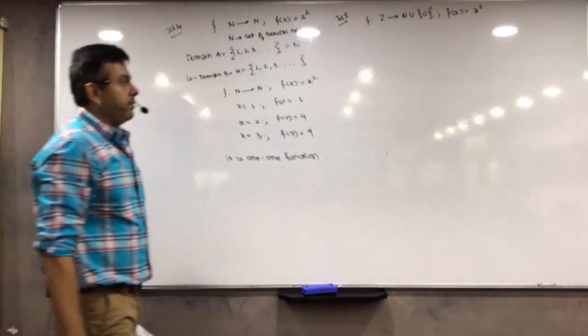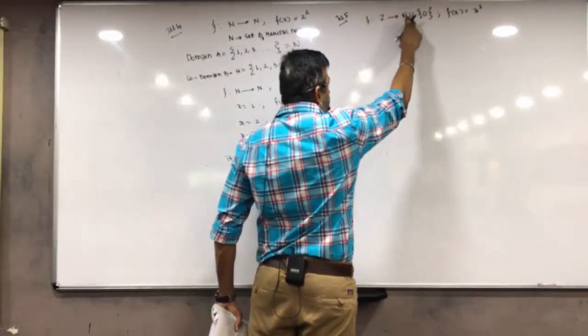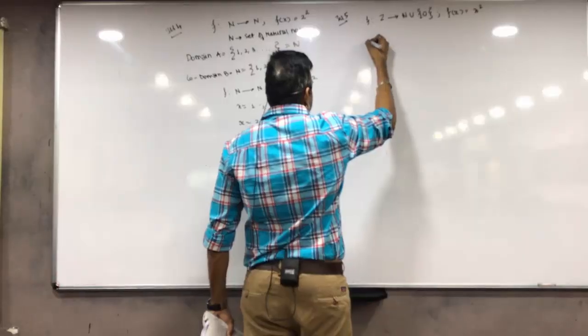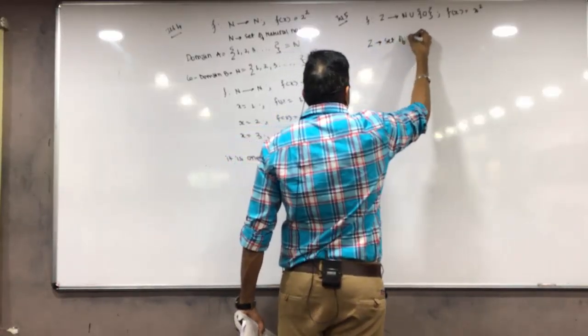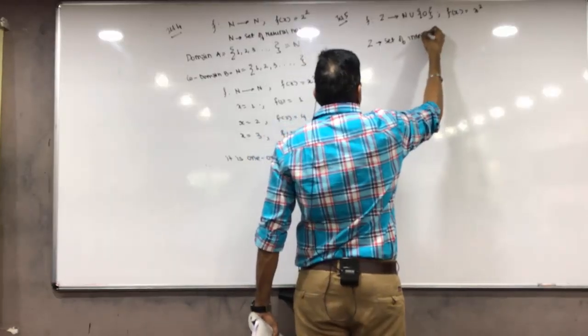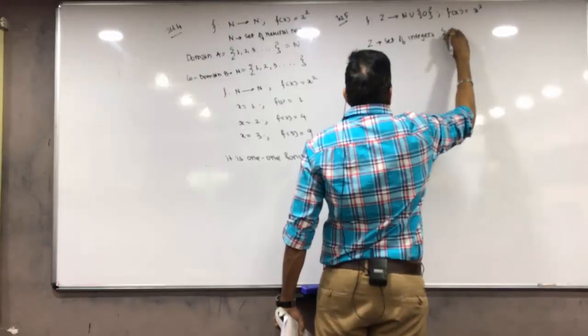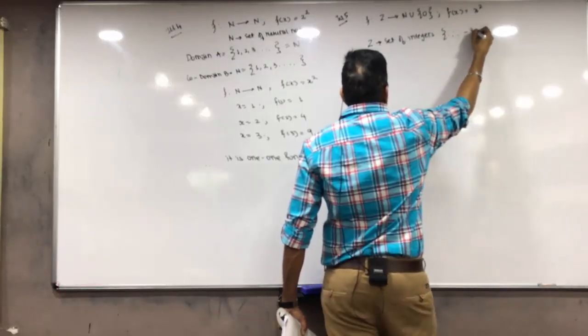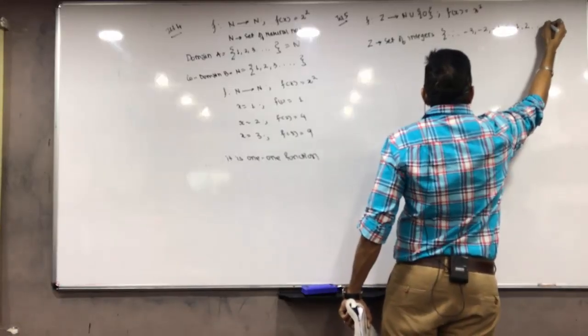Okay, first let's write what is Z. What is Z? Set of integers, that is, minus 3 to minus 1, 0, 1, 2.